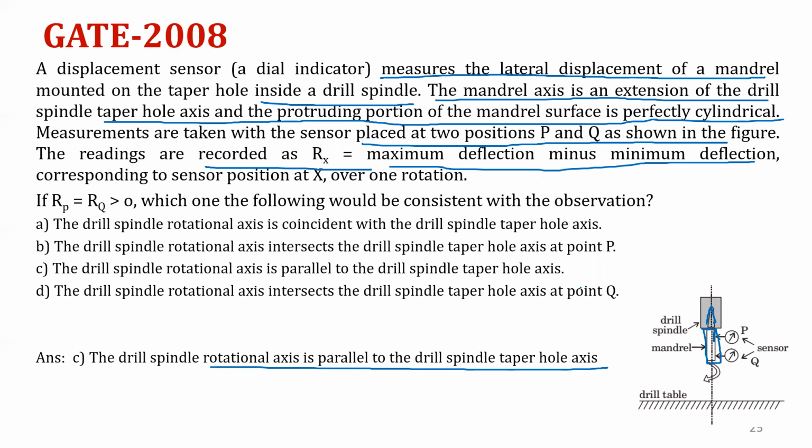If Rp is equal to Rq, the reading of the P sensor and the reading of the Q sensor are the same, which means there is no rotational error in the mandrel. So the drill spindle rotational axis is parallel to the drill spindle taper hole axis. So no error in the rotational axis of the drill spindle and the mandrel.